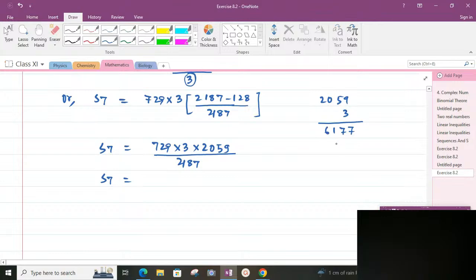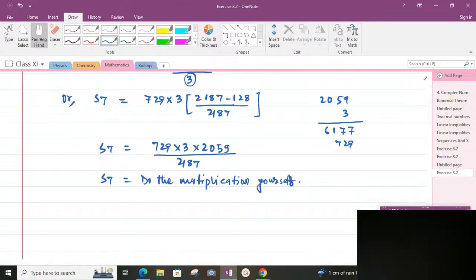Now this one multiplied by 729. After the multiplication we get the answer, so you do your multiplication yourself and get the answer.